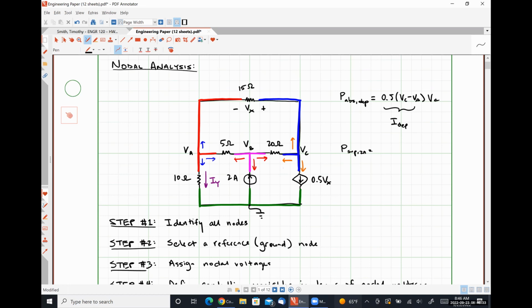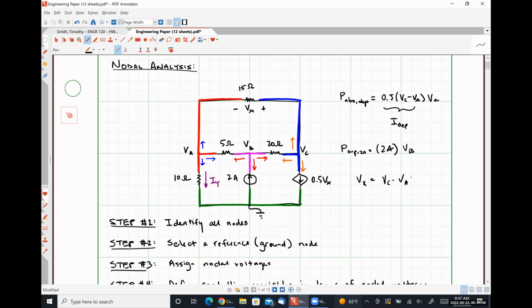Not a trick question, it's a 2 amp source. It's 2 amps. Now we need the voltage, where the current is flowing into the negative polarity terminal. VB. Good to go. What if we want the voltage Vx? We've technically already done it, but it's just Vc minus Va.